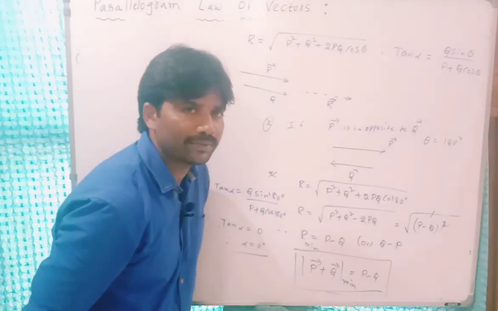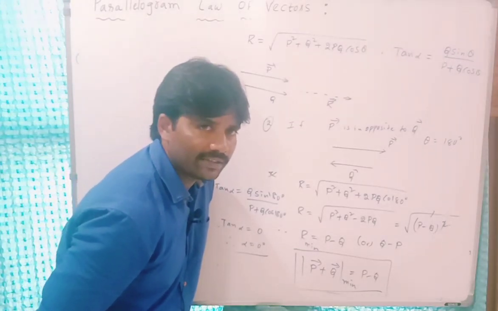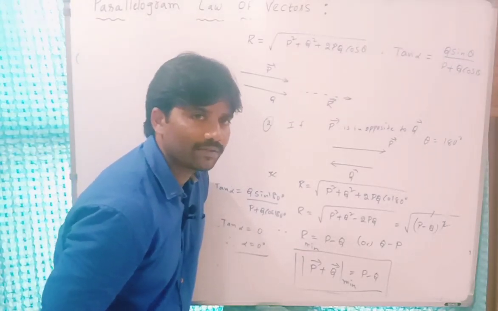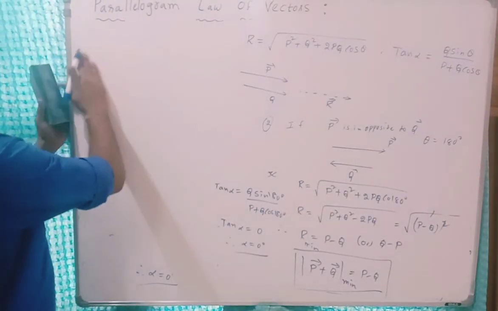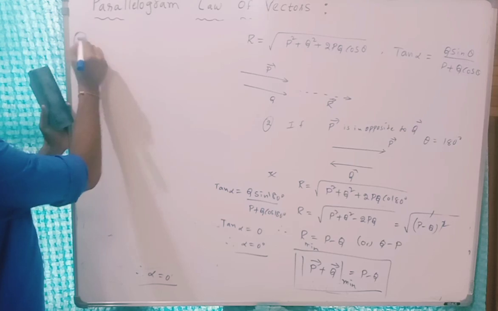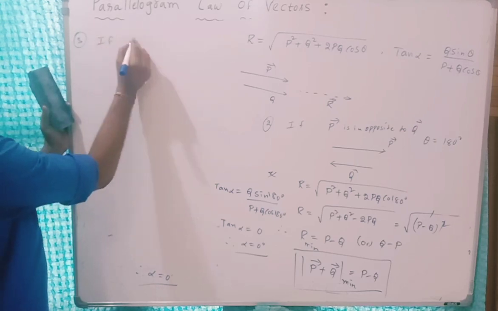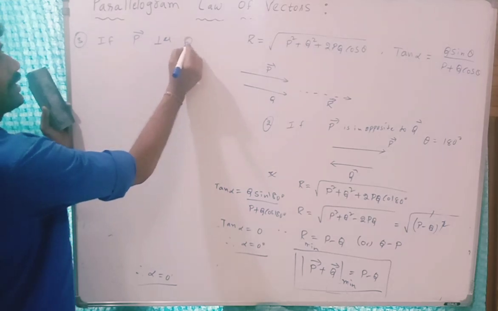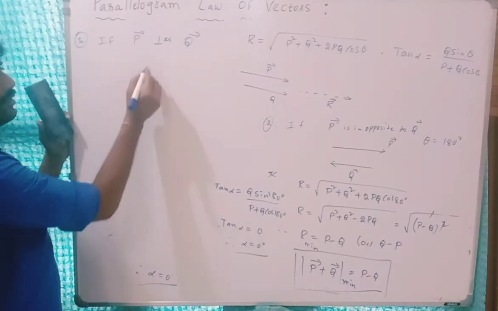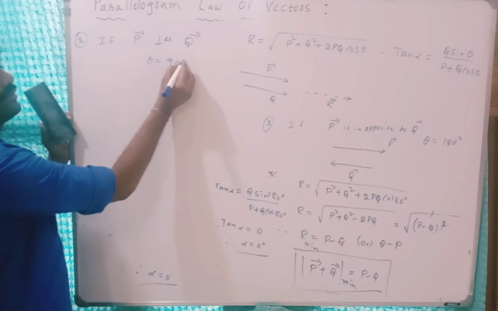If vectors are opposite in direction, the resultant direction is along the direction of the larger vector. If two vectors are perpendicular, case 3, if P is perpendicular to Q, that is the angle is 90.